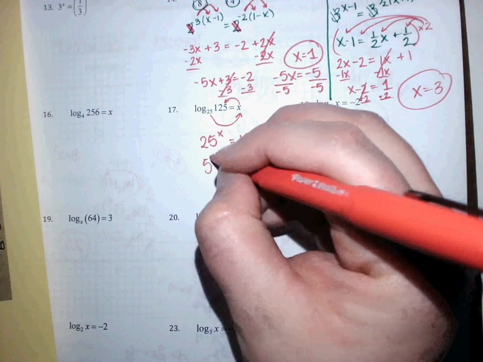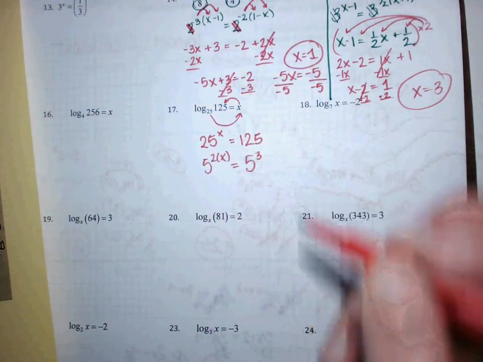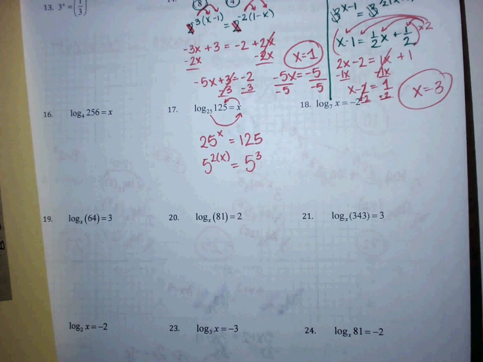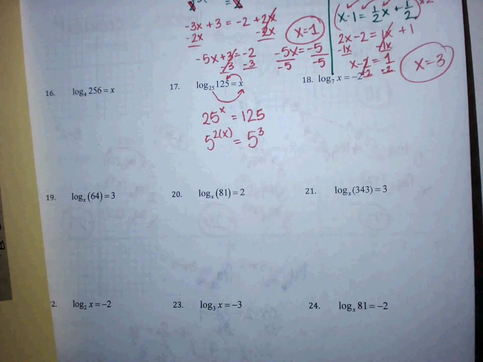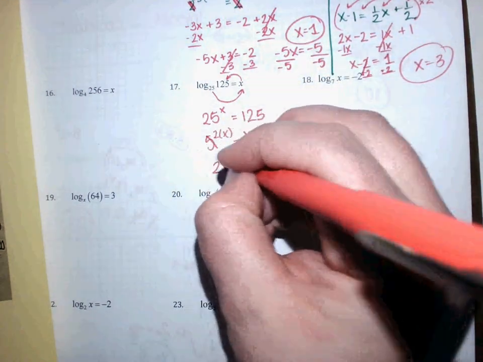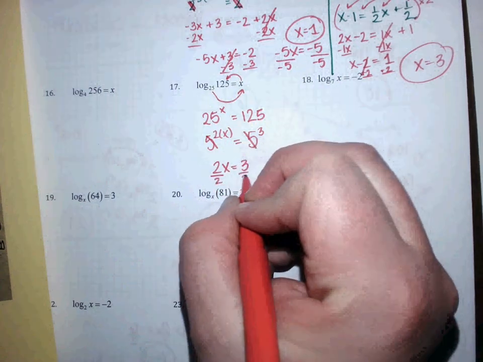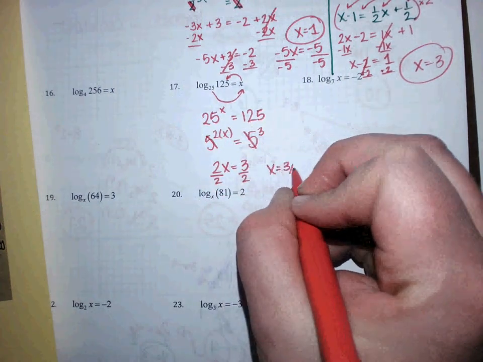So 25 is a 5 to the 2, x hanging out, 125 is a 5 to the 3. And then remember, once I get them into a common base like that, I can cross out my 5's, 2x equals 3, and then divide by 2. So x is 3/2.